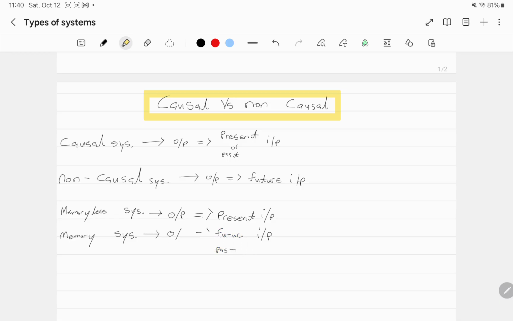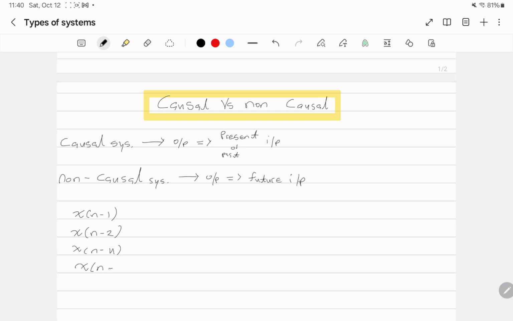So just to give you a reminder, if you have something like x of n minus 1 or x of n minus 2 or x of n minus 4, or x of n minus t, then these rely on the past.